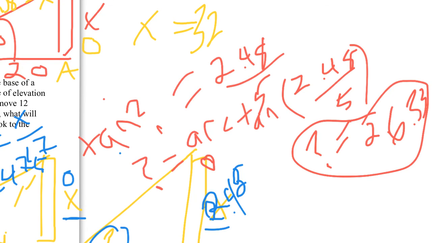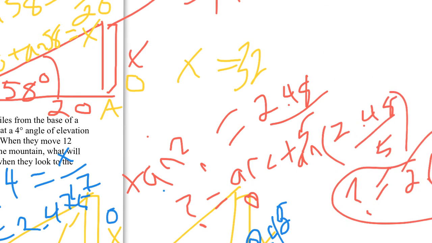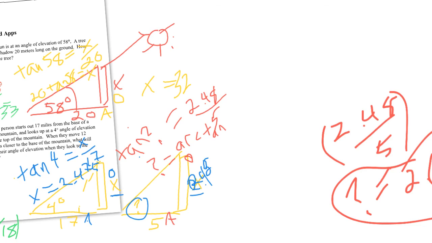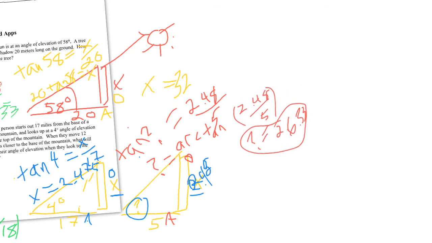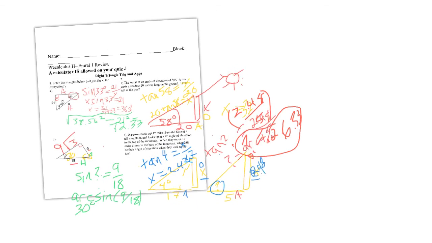So what that means is that after walking another 12 miles, if you look up to the top of the mountain, you have an angle of elevation of 26.33 degrees. And I don't know why that's not zooming out with the rest of the stuff, but that's okay.